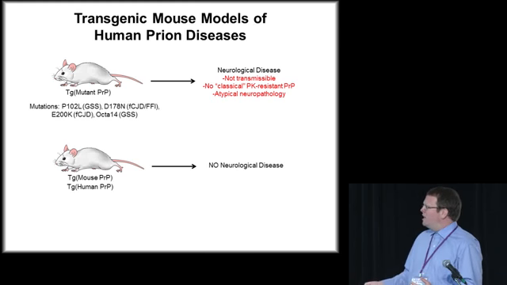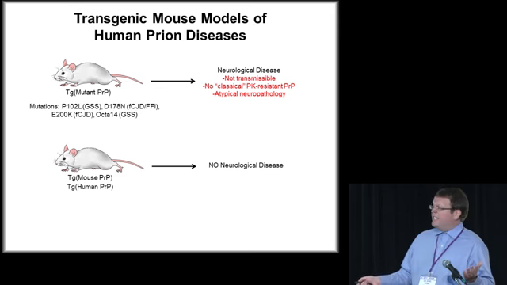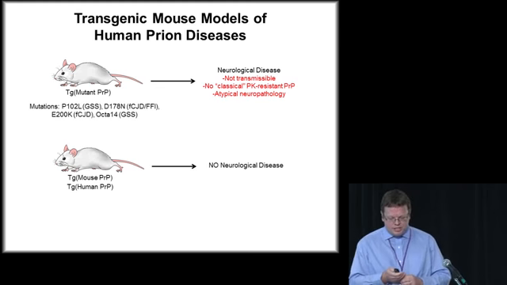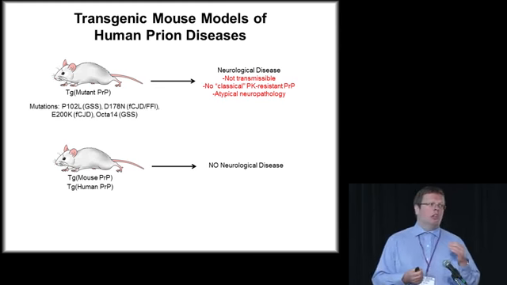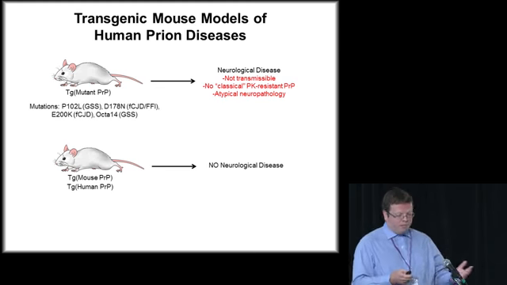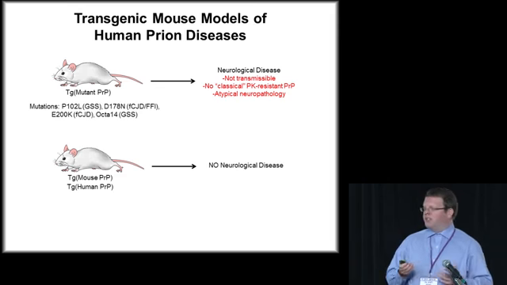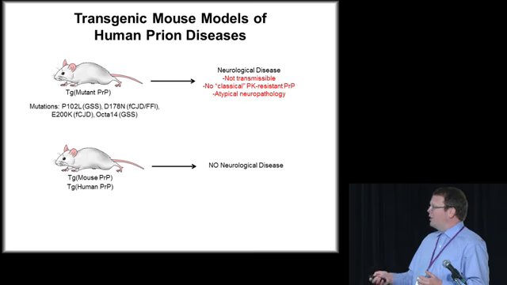A lot of the time you get a disease that is quite atypical, some of the mice don't ever even get sick, the disease isn't transmissible, and you don't get the classical signatures of prion disease. And secondly, if you wanted to create a model of sporadic CJD, in which a normal non-mutant wild-type prion protein converts into the disease form, then you would want to express wild-type PrP in the brain, and certainly this never leads to neurological disease in mice.